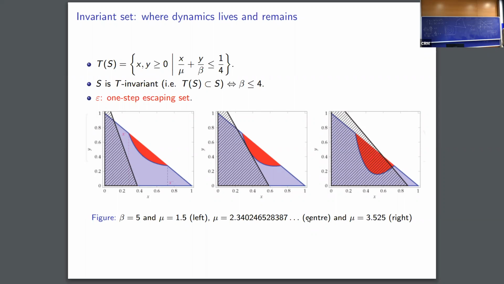If you are in these particular regions, red, you take a point here, when you apply T, you go out. So any time you apply T, there's a region, parabola-like, that you have to remove. Second thing, the rest of the points, so everything in this triangle except this red part, when you apply T, where do they go?